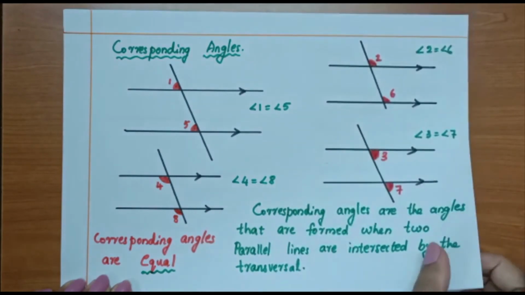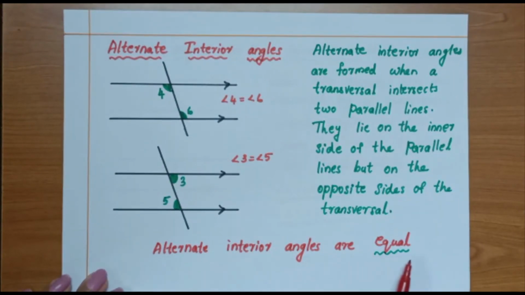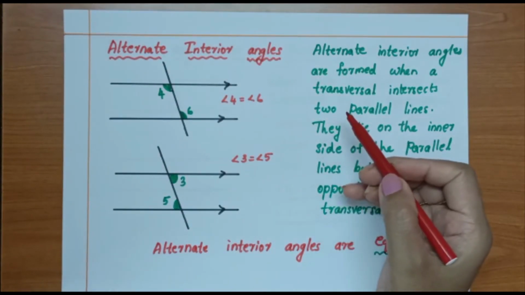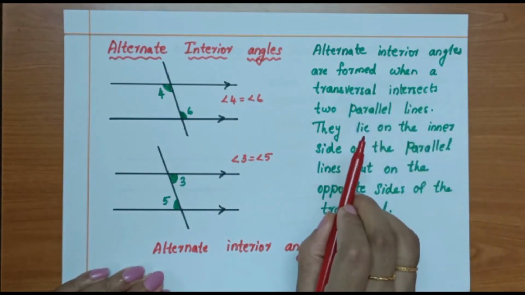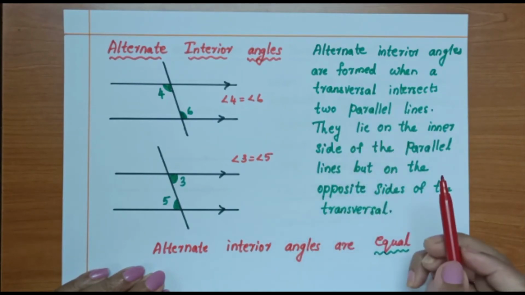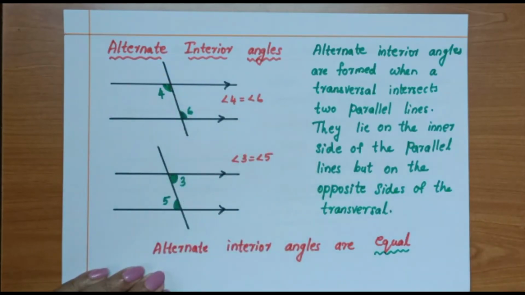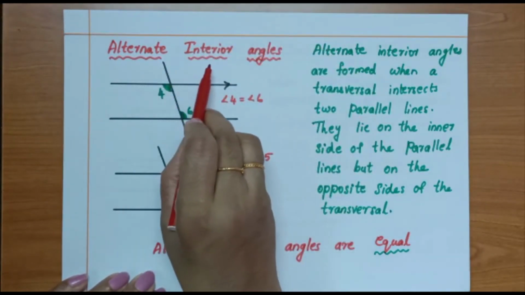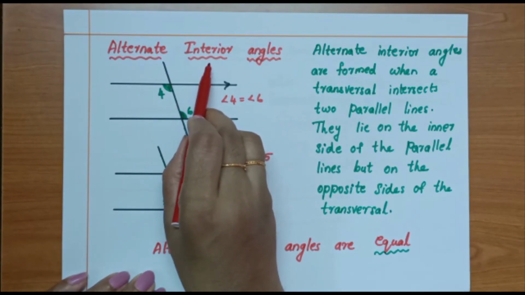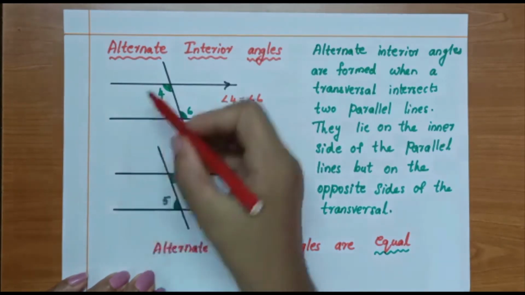Then the second type of angles are alternate interior angles. Alternate interior angles are also equal. Also here you must check the position. Alternate interior angles are formed when a transversal intersects two parallel lines. From the name itself we know that it is only about the interior angles, so check only the angles inside the parallel lines.